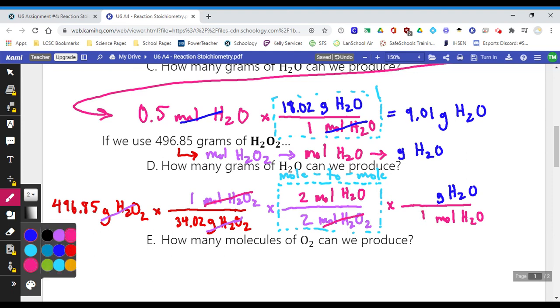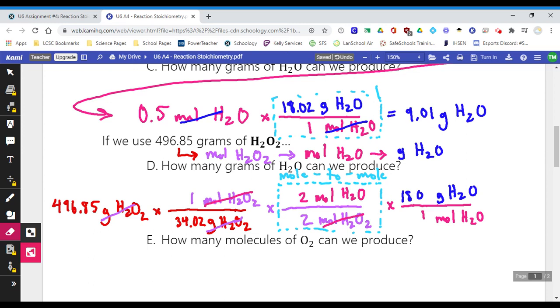How many grams of H2O are in 1 mole of H2O? Well, that's the molar mass of H2O, which I added up here. 2 H's and 1 O should be a molar mass of 18.02 grams of H2O in 1 mole of H2O. That should cancel my moles of H2O units. It should be getting me to my answer.